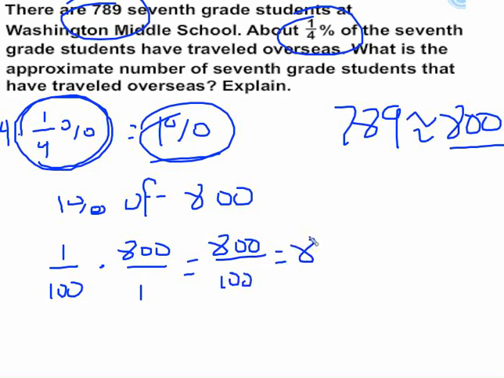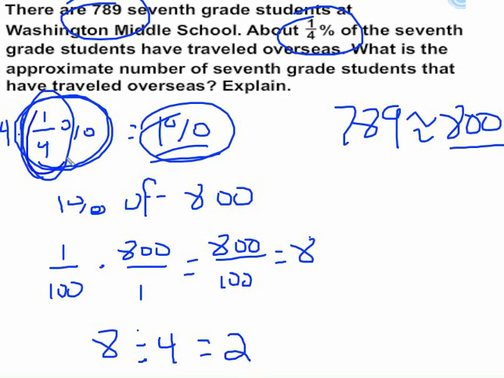So what that 8 means is that if 1% of the students had traveled overseas, that means that 8 students would have traveled. But we know that only 1/4% of those students have actually traveled overseas. So what I need to do with that number is, well, 8 divided by 4 is going to be equal to 2. 2 is 1/4 of 8.